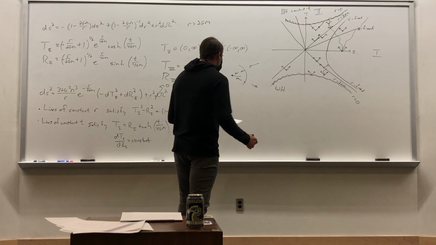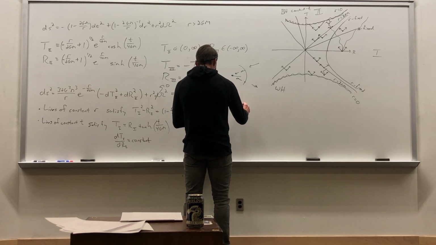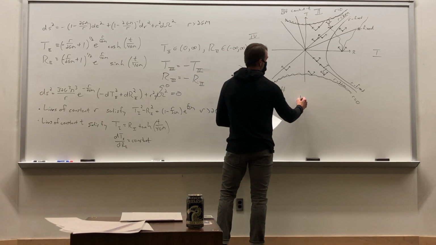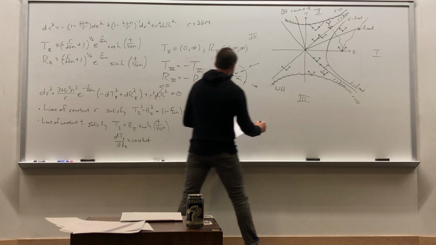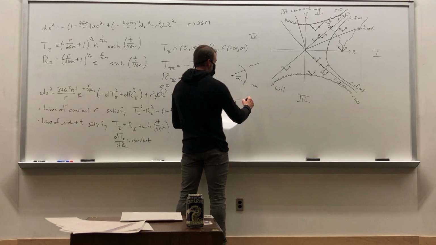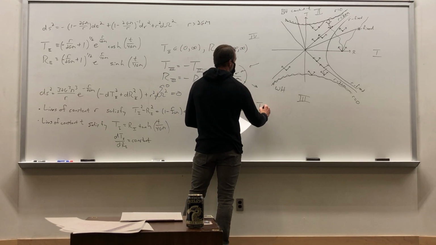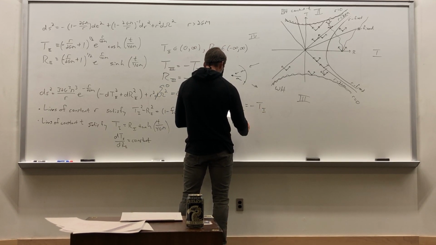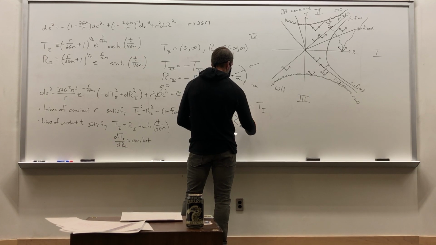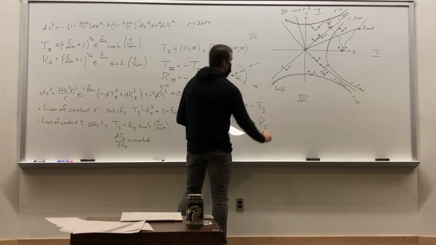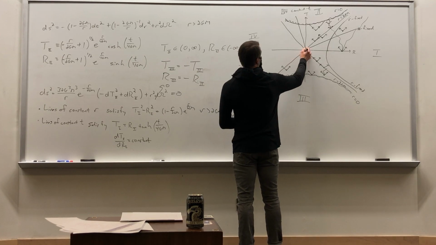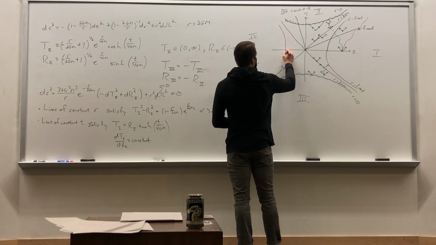So to fill this in, it's probably pretty obvious. We can take this as region 4, this is region 3, and this is region 1. We can take the fourth region's t and set it equal to minus the first region's t. And we can take the fourth region's r and set it equal to minus r for the first region. Okay? And then what we're of course going to end up with is this same argument.